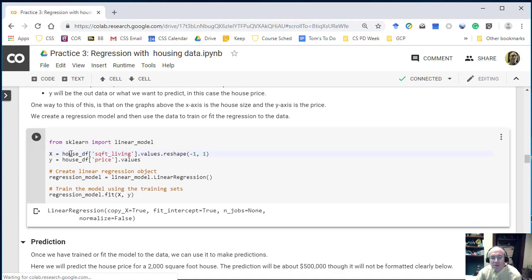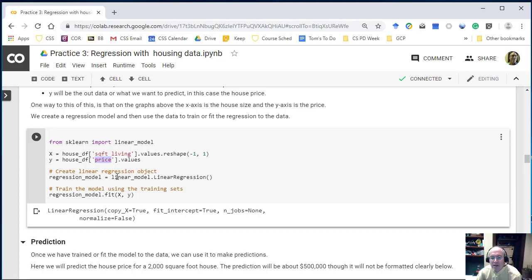So we're using the house data frame, and we're grabbing one of the columns out of it, the square foot, and we have to do some work to reshape that. You can not worry about that. And again, the price, we're using the house data frame and the price, and again, we have to do some formatting to turn that into a simple array of numbers for our machine to work with. So we're getting the square foot as the x and the price as the y.